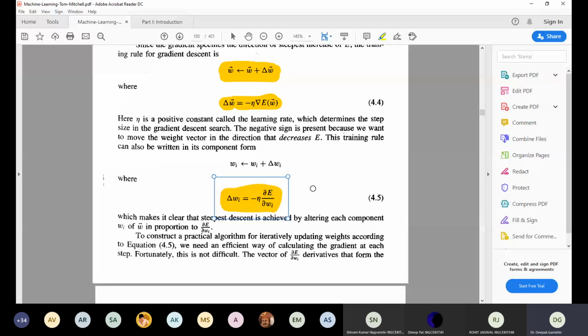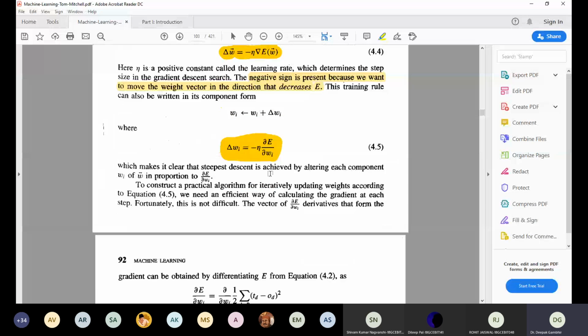The negative sign is used because we want to move the weight vector in the direction in which the E, that is your error, would decrease. Whereas in the case of perceptron, we are going to find the direction in which the difference between the positive and the negative sample would increase. So that is taken as positive, whereas in this case it is taken as negative.